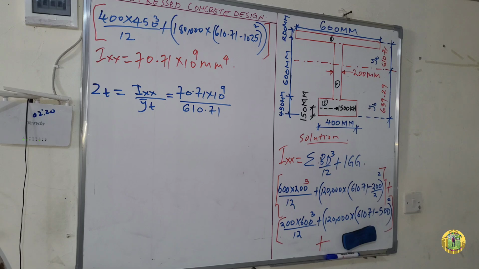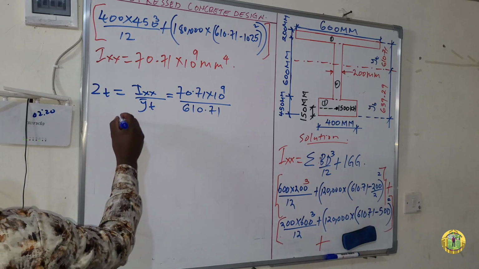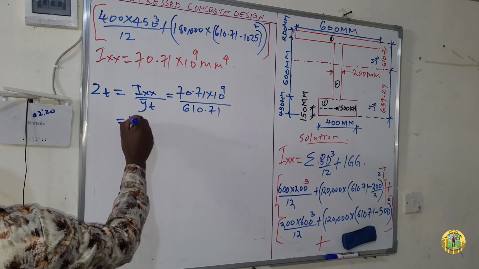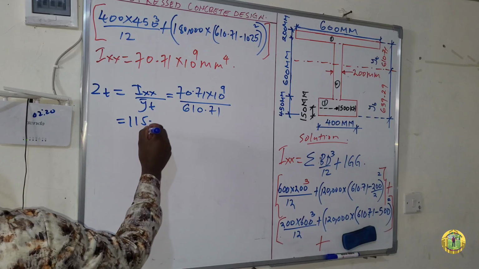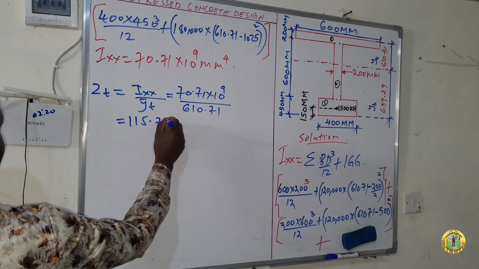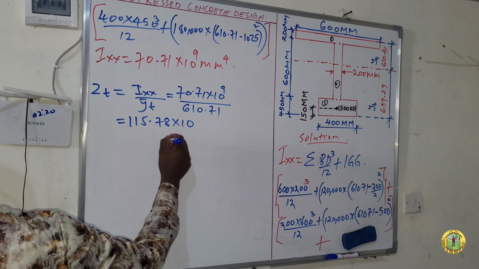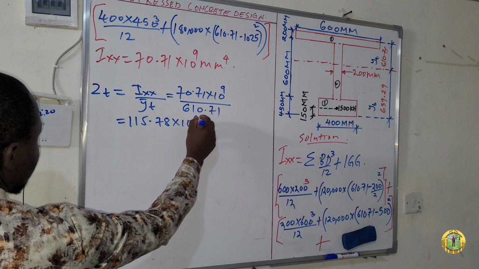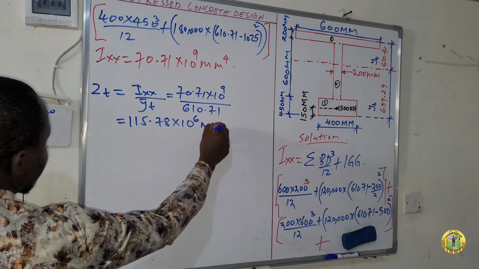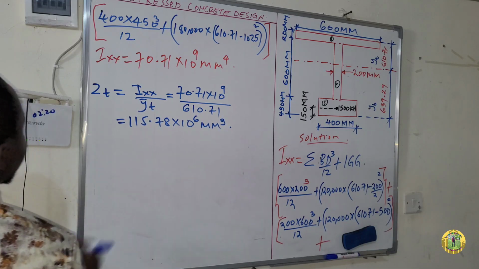So this one is equal to 115.78 times 10 to power of 6, and this one is in millimeter cubic.